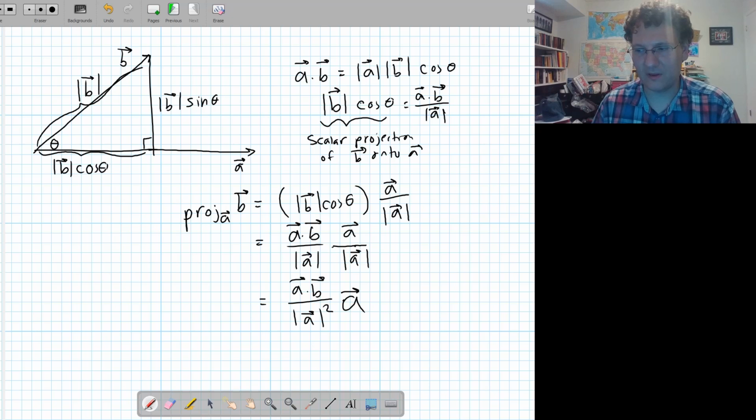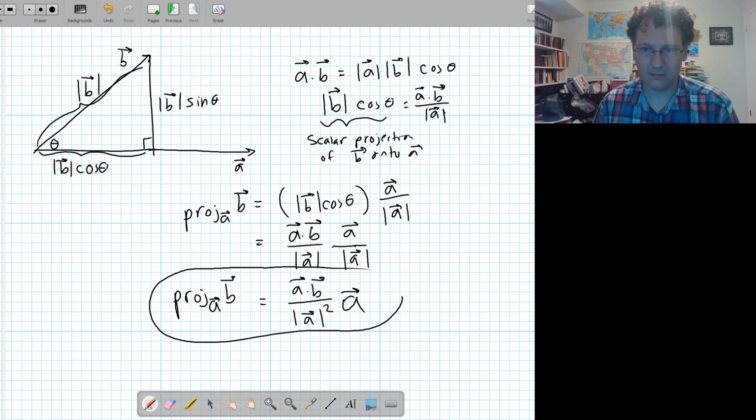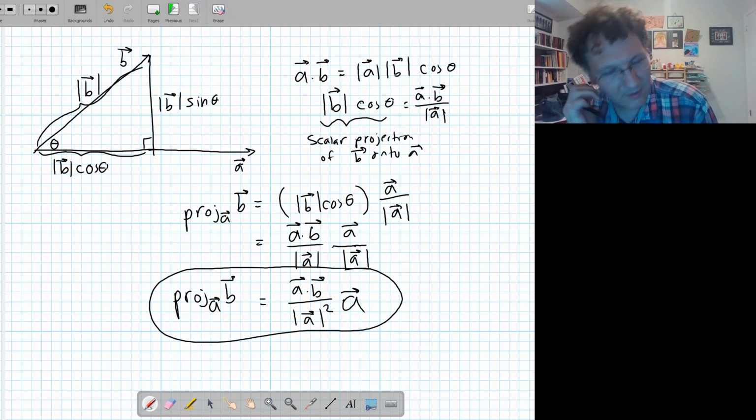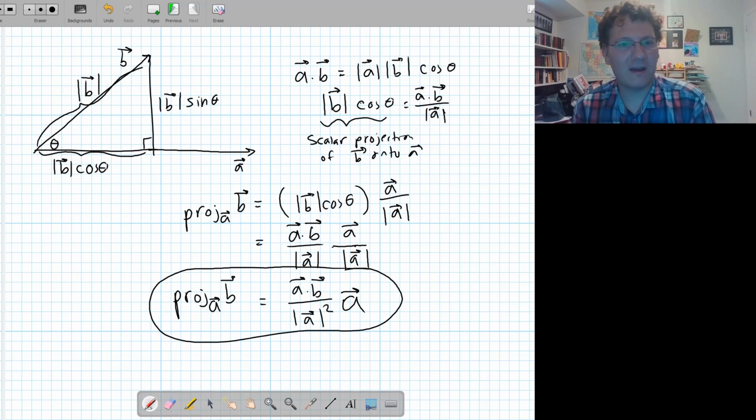So here's a formula that we can use to get the vector projection of b onto a. Given a vector b and a, we can find the shadow that vector b makes on a by following this formula.